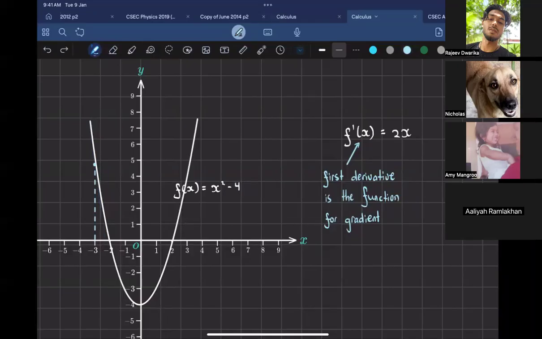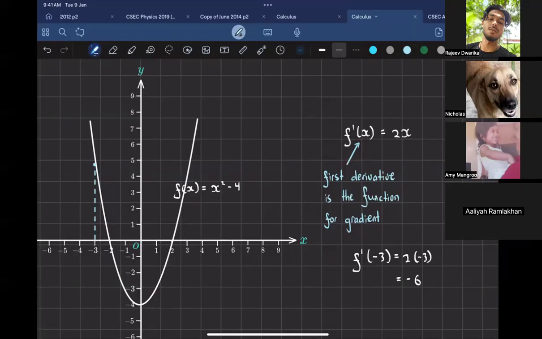So I want to find the gradient at -3. So x is -3. I would say f prime of -3 is equal to 2 by -3. So Aliyah, when x is -3, what is the gradient? -6. Right.